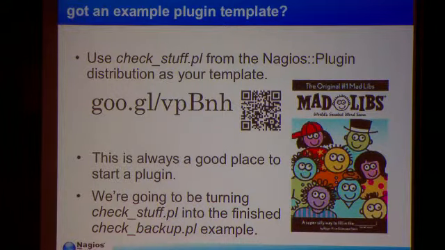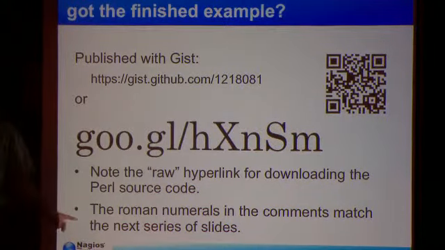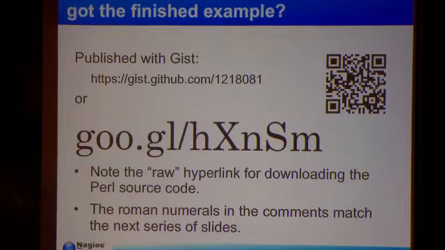And we're going to be turning this sample script into our check_backup example. The finished example is here. So you can download the check_backup script that I'm going to be walking through now. And the sections in this document here match the next series of slides.